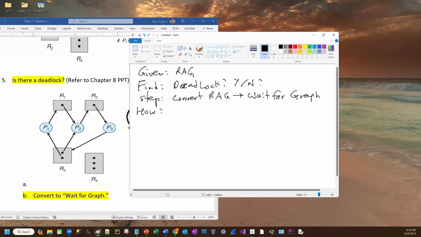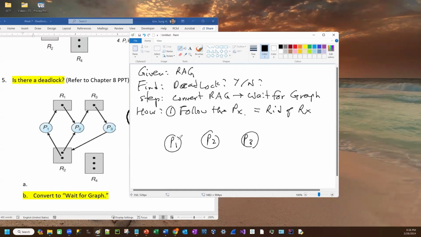Number one, just follow the process. That's it. What this means is get rid of all the resources. So I'm going to draw P1 here, and then P2 here, and then P3 here.